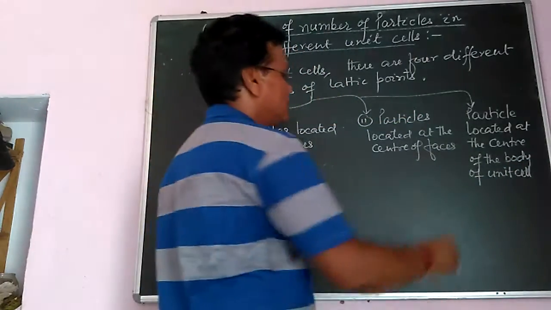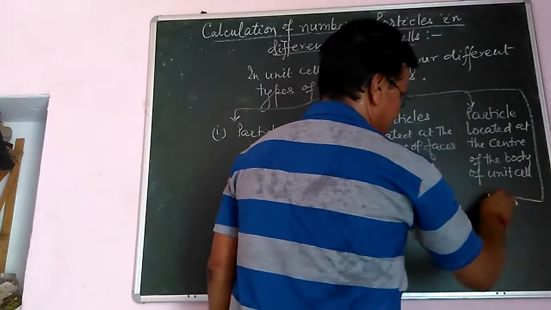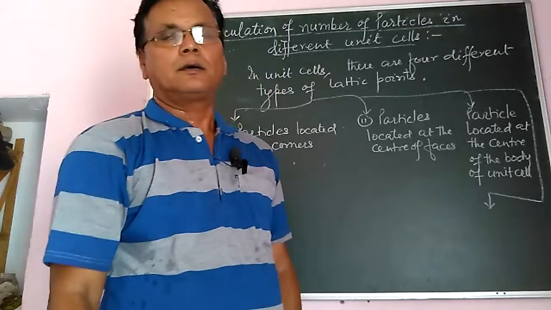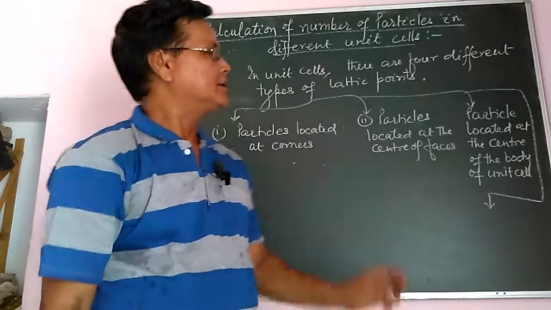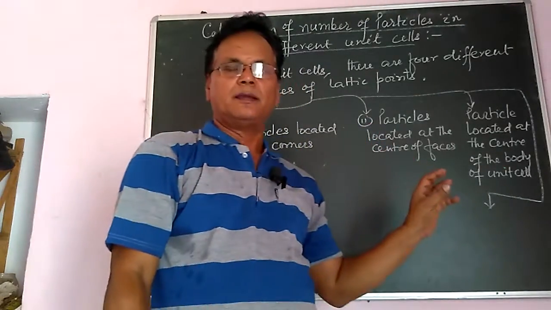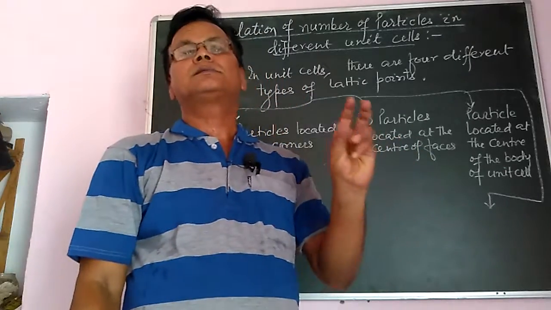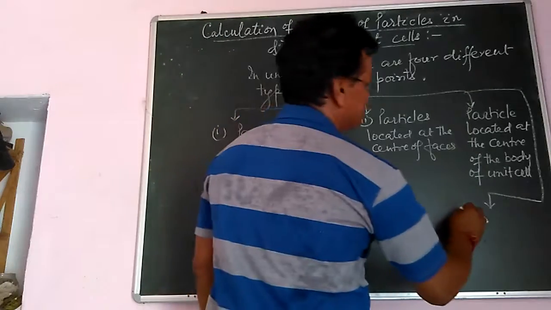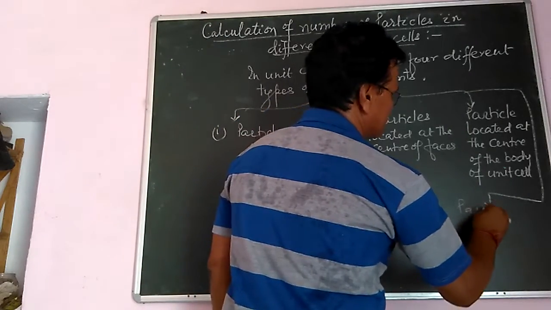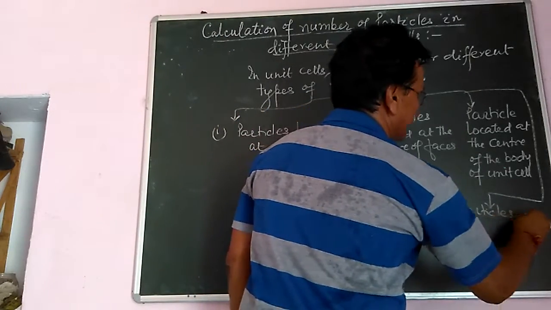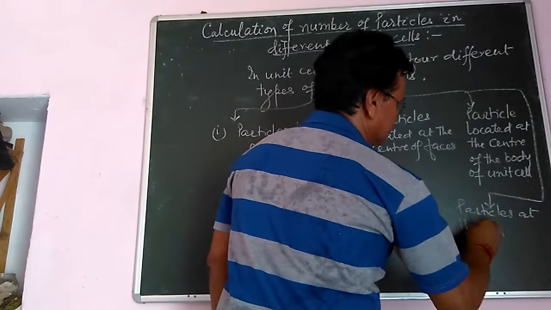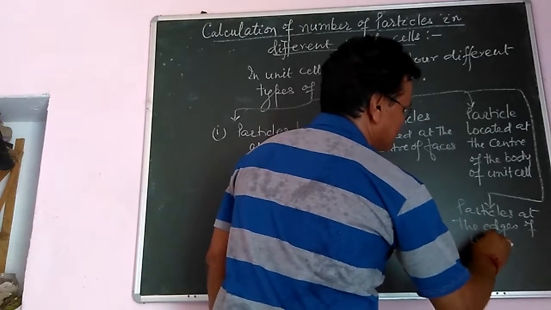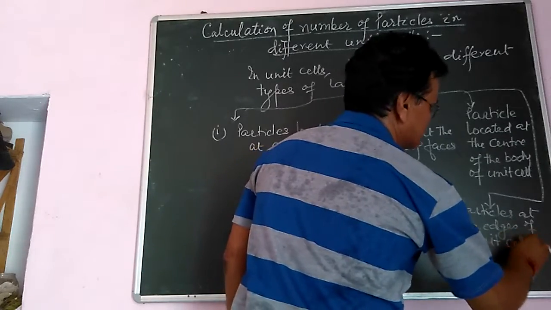And the fourth is here. If you see here, the fourth, the particles may be at the edge of the unit cell. It means particles at the edge of unit cells.